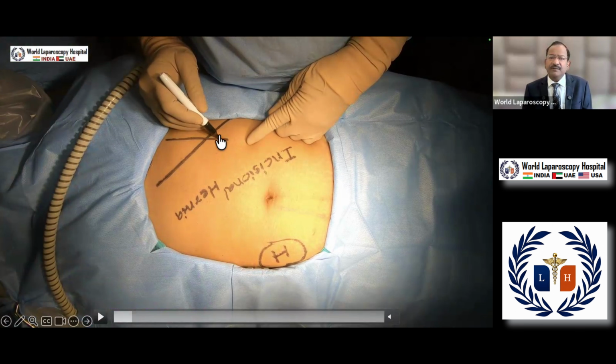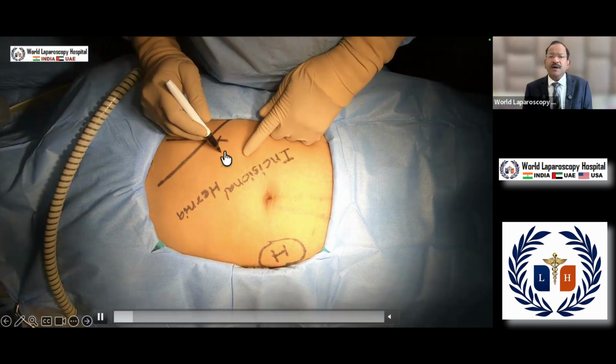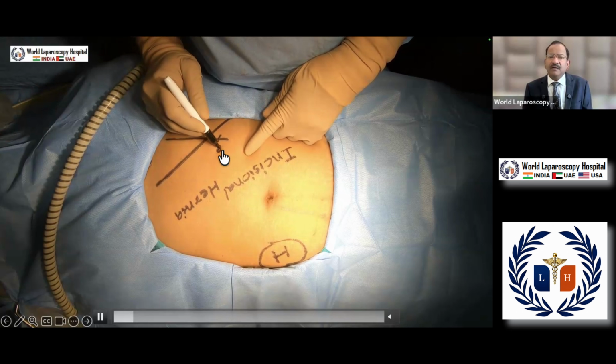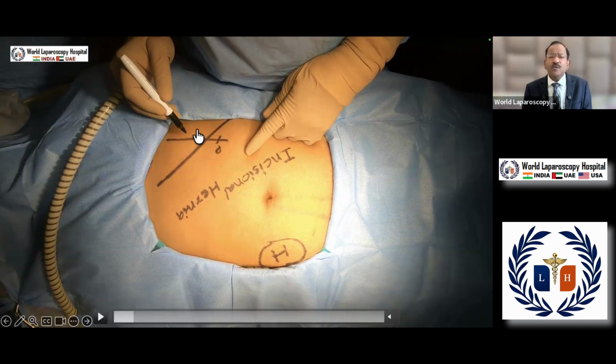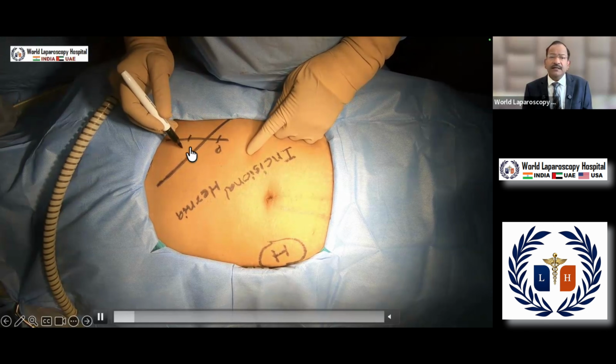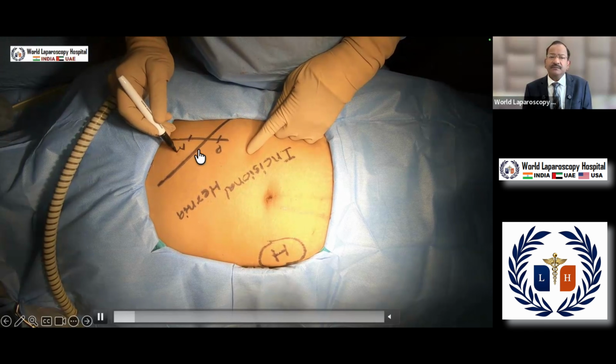And 3 centimeter below, or some books write 2 centimeter below, this is called Palmer's point. But we have started our own point, that is 2 centimeter above the costal margin, that is called Mishra's point.